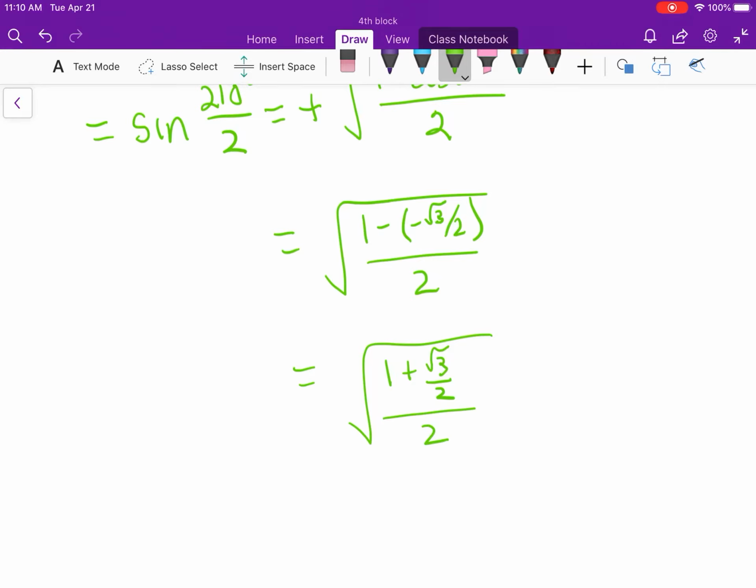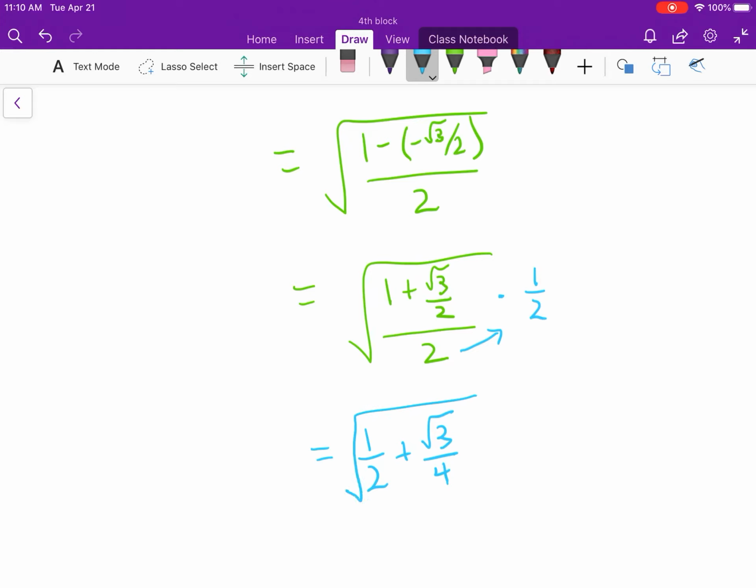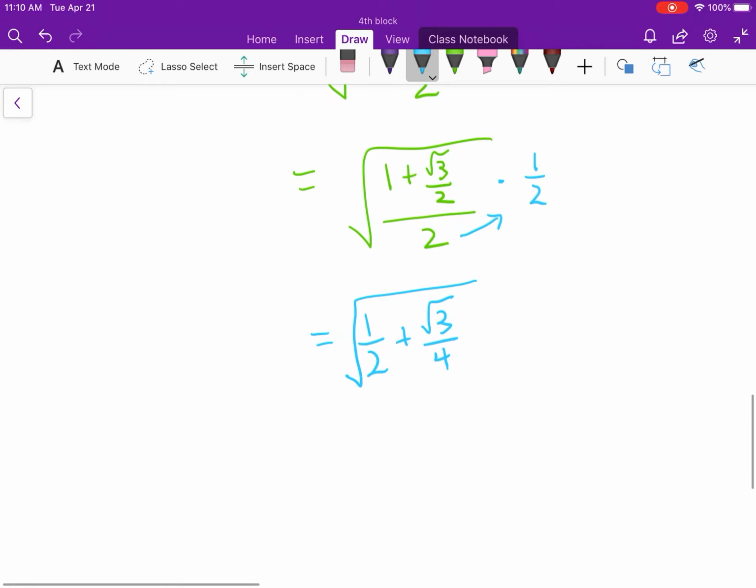Now that's going to equal the square root of 1 plus radical 3 over 2, divided by 2. Now this is pretty messy, so I'm going to go ahead and clean up what's underneath the radical here. If I'm dividing by 2, that's the same as multiplying by 1/2. Okay. So that's going to give me 1/2 plus radical 3 over 4 underneath the radical. So 1 times 1/2 and radical 3 over 2 times 1/2.